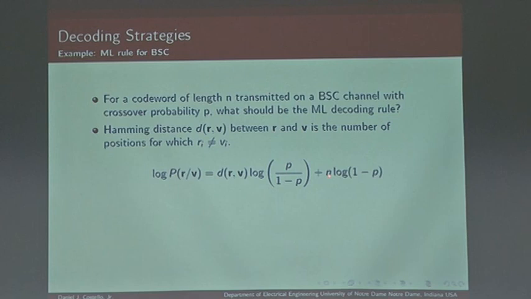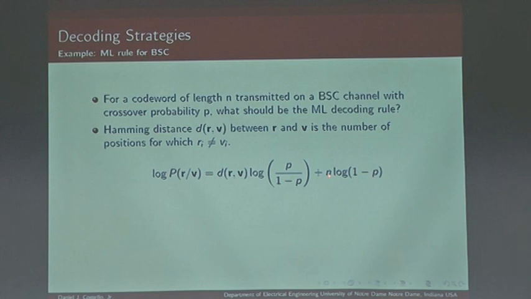Okay, this is just a constant, so maximizing, that's what we're trying to do, just means we have to maximize this term. Well, this is negative. So we maximize this by making this as small as possible. Which means for a given r, we want to pick the v hat as the code word.